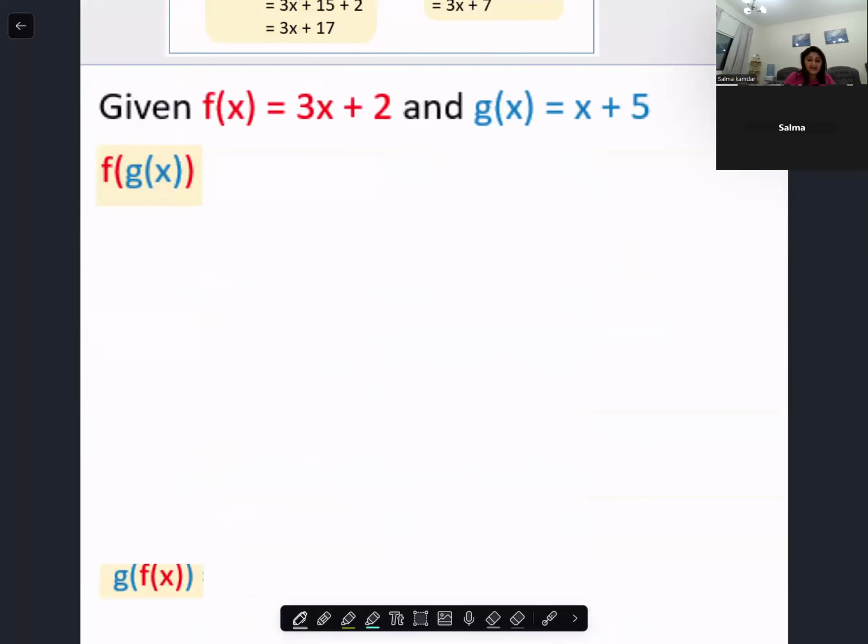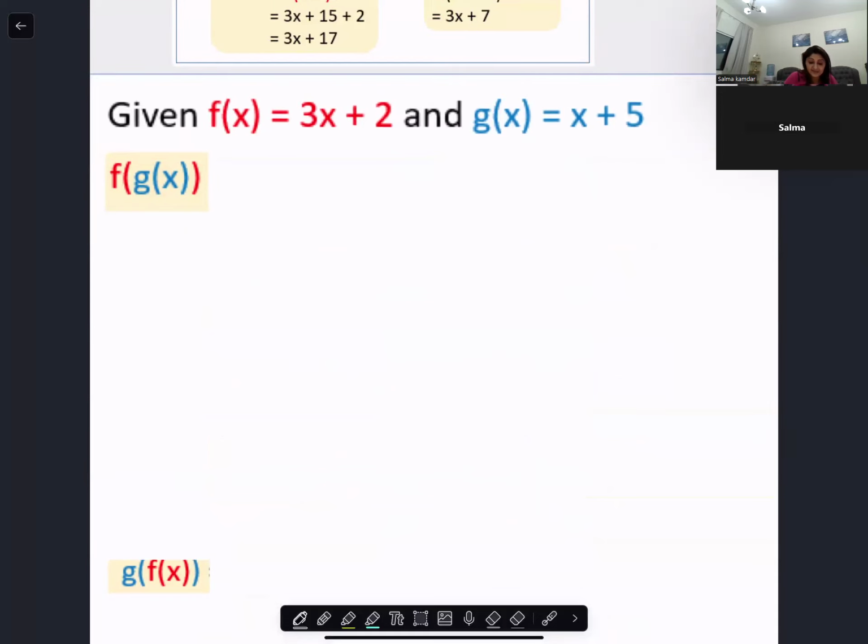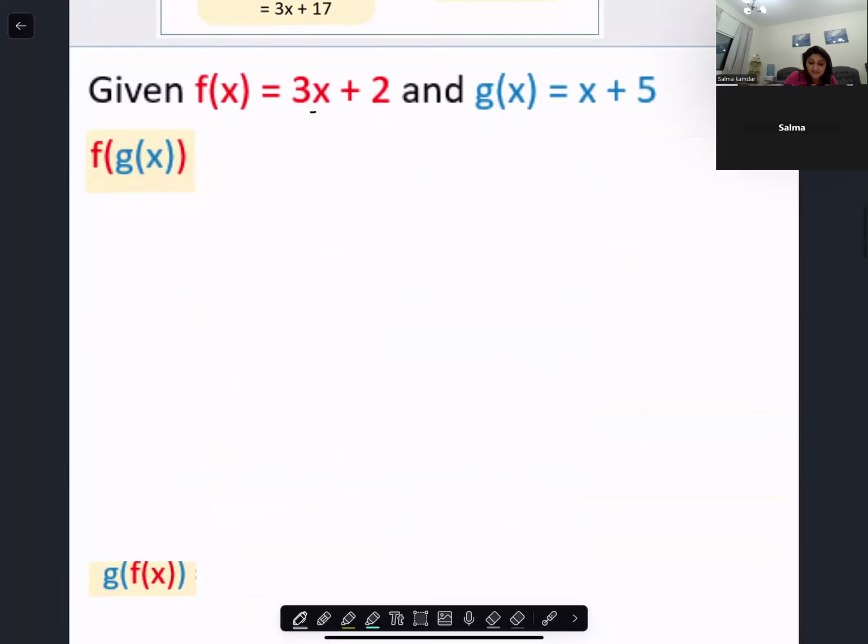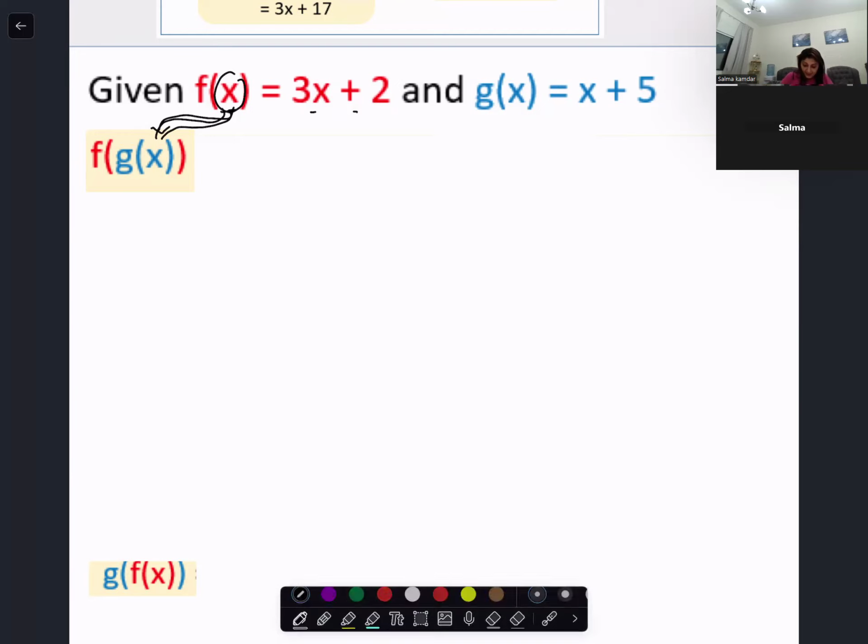I have my f of x as 3x plus 2. Instead of f of x, I want f of g of x. So in place of x, I am replacing g of x. What is my g of x? My g of x is x plus 5.